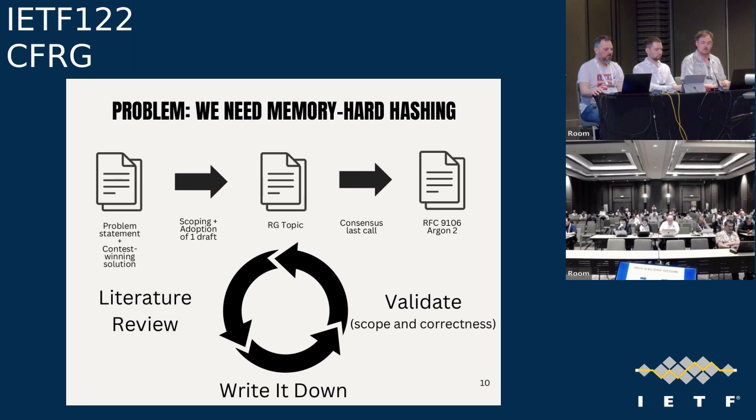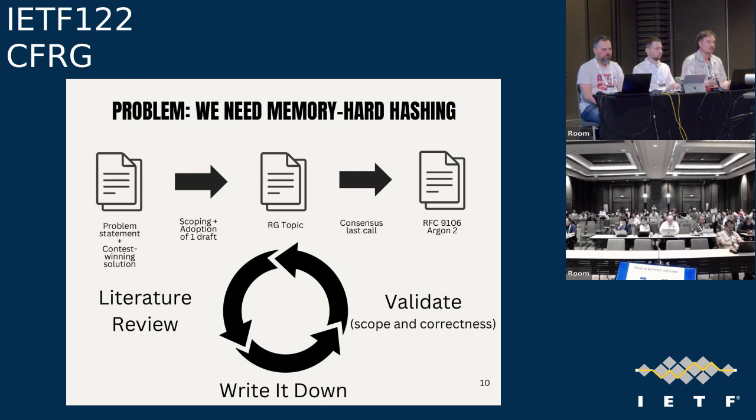So one of the more straightforward cases here is memory hard hashing. So the way this came through is there was a problem statement and a contest winning solution. This draft got adopted with some discussion about the scoping of how much this should cover. This was Argon2.